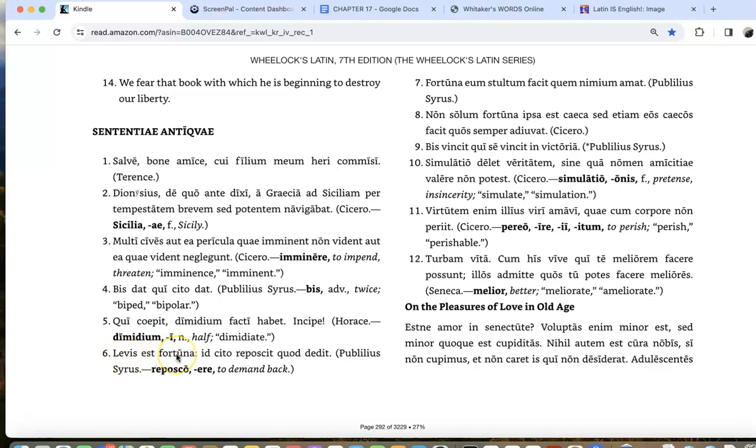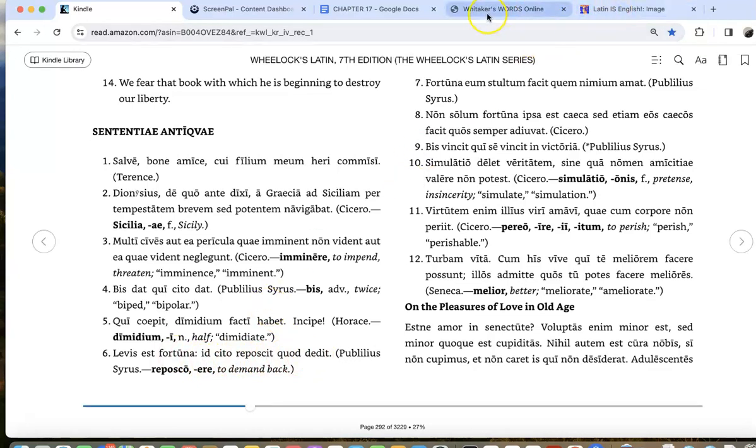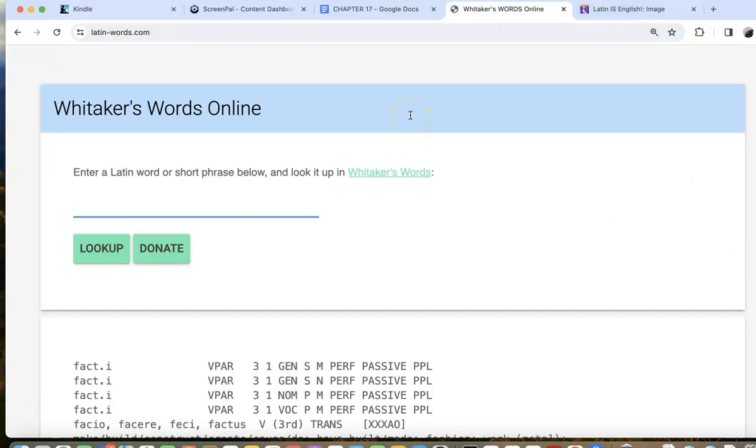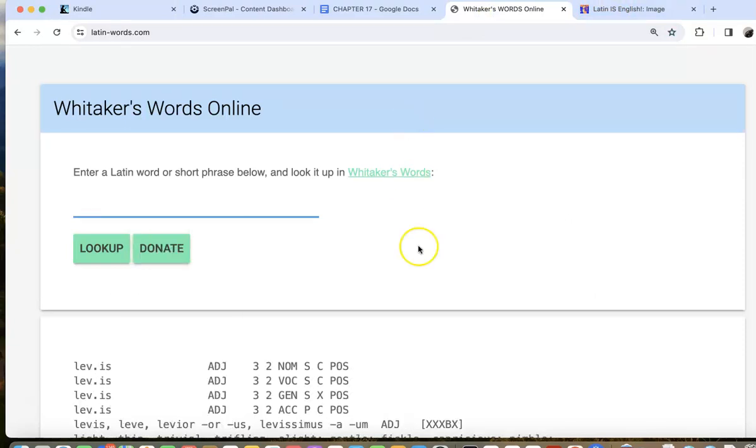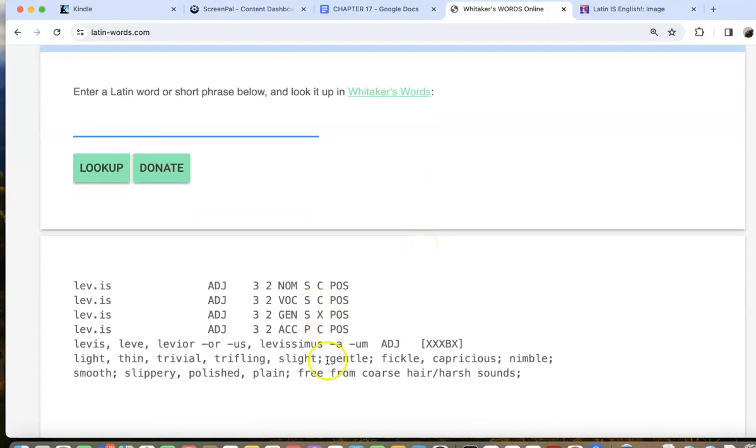Levis est fortuna, id cito reposcit quad dedit. Now, Levis is not Levi's, but if we look this up here, Levis is light, thin, trivial, capricious, trifling.